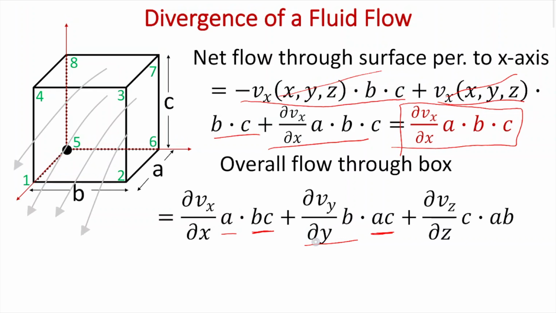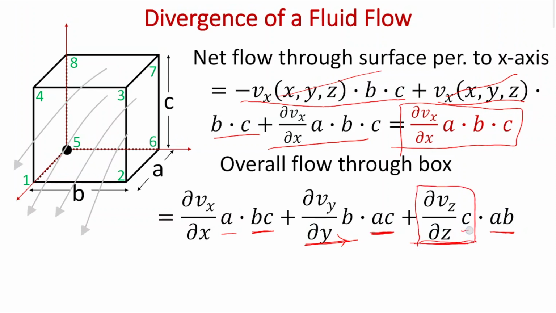In this case, we are seeing the change in velocity in the y direction, then we are multiplying by b because we want to calculate what is the change in velocity when the fluid is traveling the distance b, and the area is a times c in this case because this is perpendicular to y. In this case, we have del Vz upon del z into c into a times b. So this is the velocity change of the fluid when the fluid is traveling the distance c in the z direction.